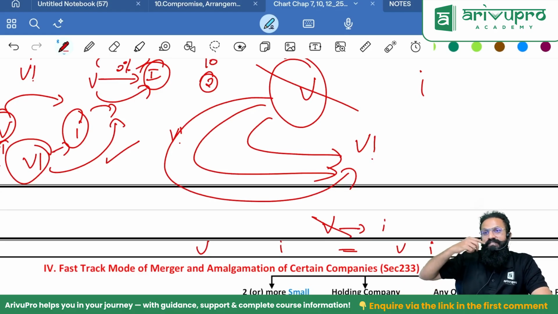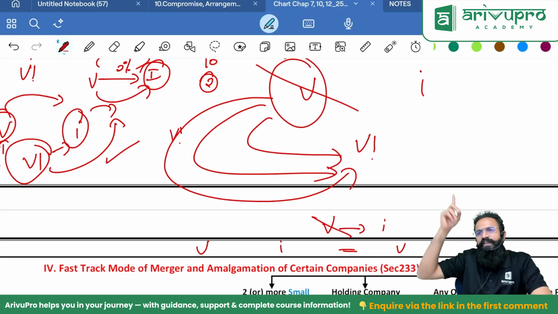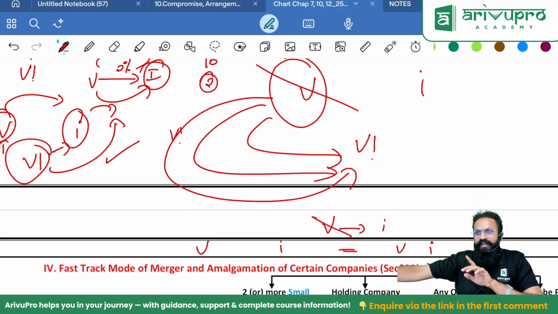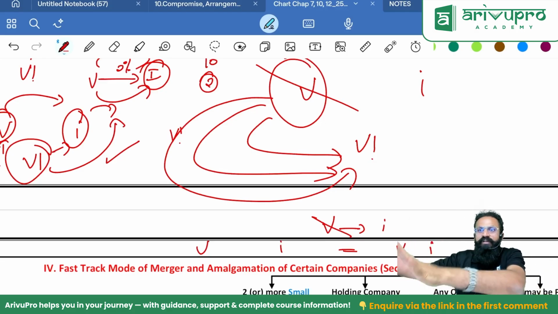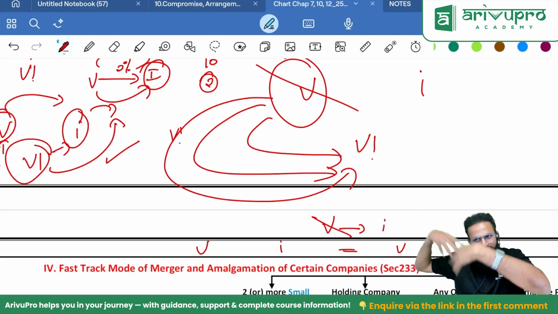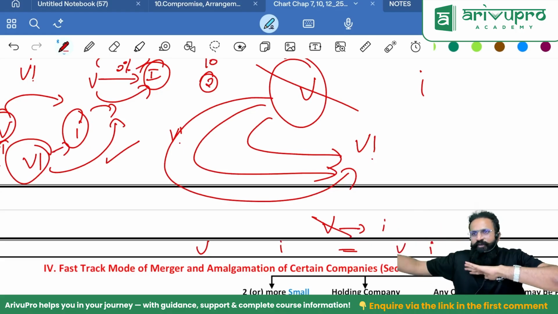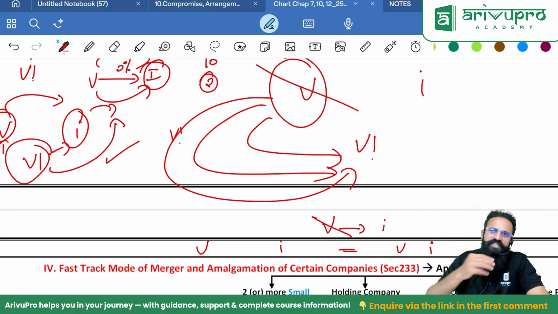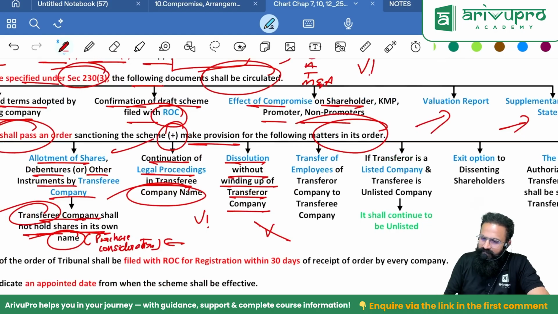Whenever there is a wholly owned subsidiary, but to satisfy the limit, what will the holding company do? It will say, come down here, you hold 1 share as a registered holder. The beneficial owner of that 1 share will also be me only. Why are we having 2 shareholders? To satisfy the minimum shareholders requirement of 2. Clear?